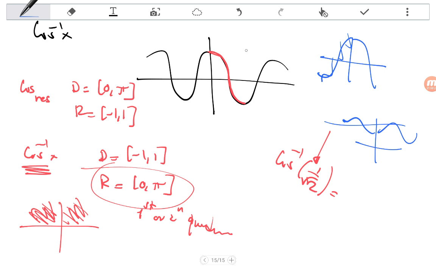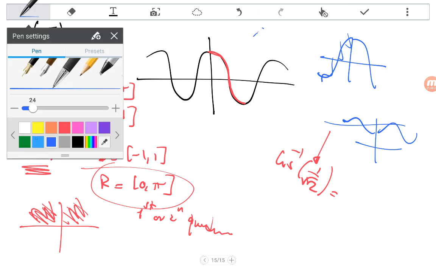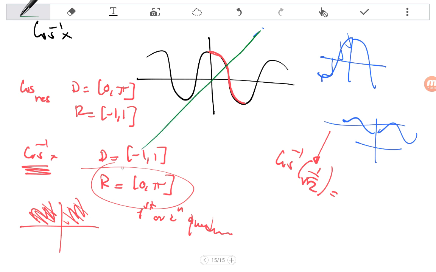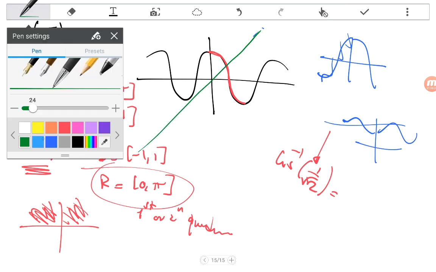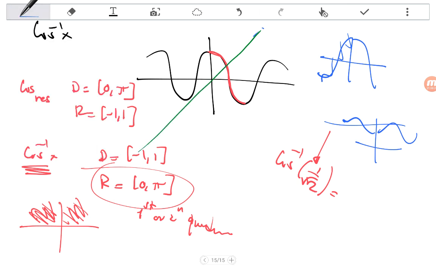So when you find the inverse of this restricted cosine, it will be something like that. It is just a reflection, maybe not very precise, but it is something like that.